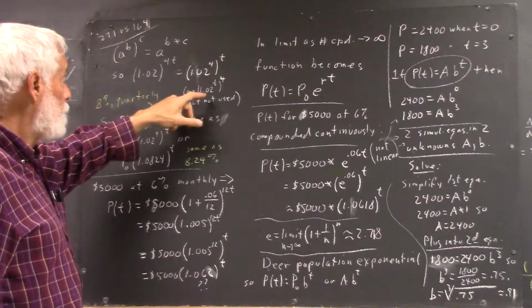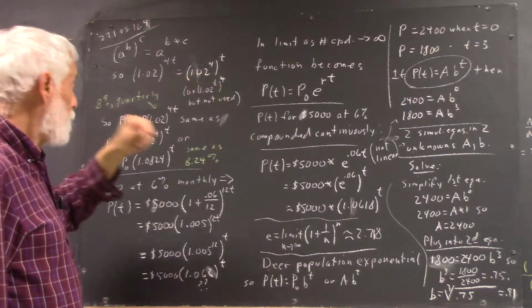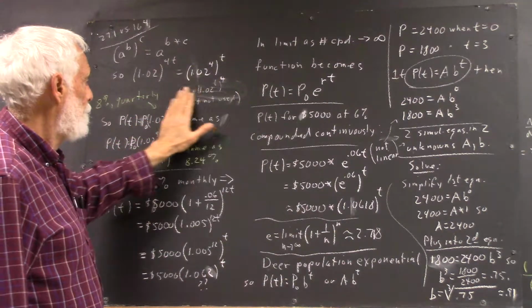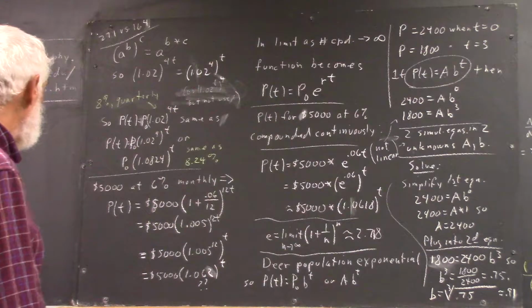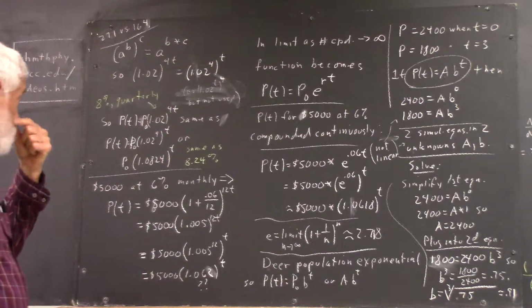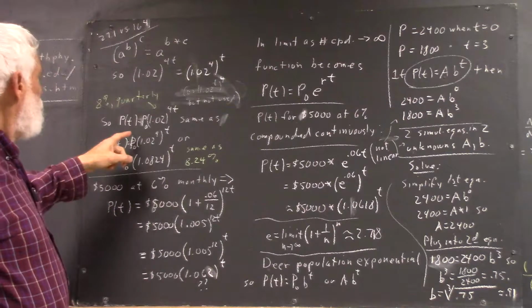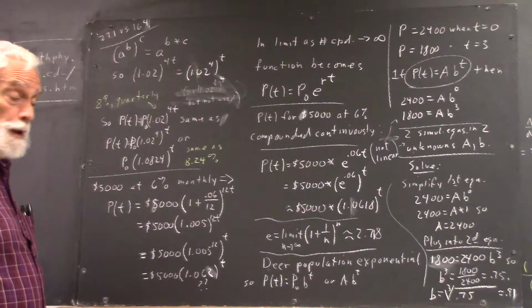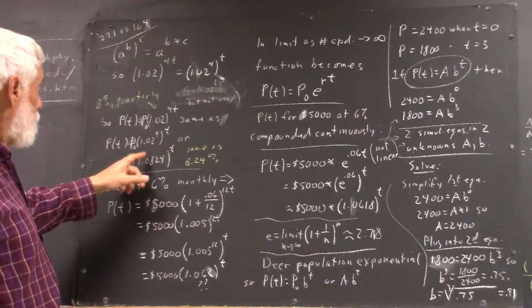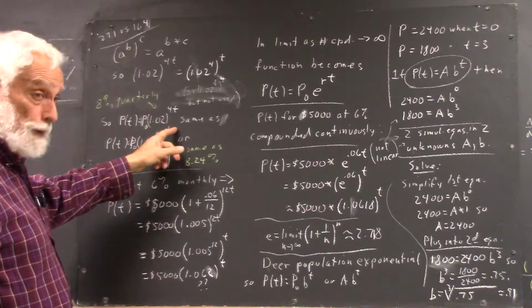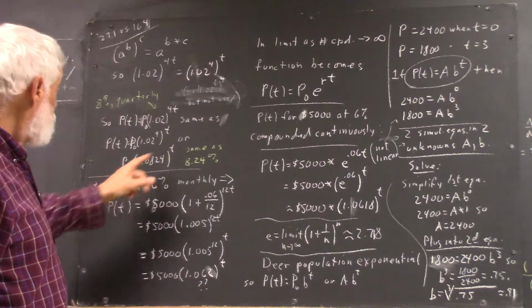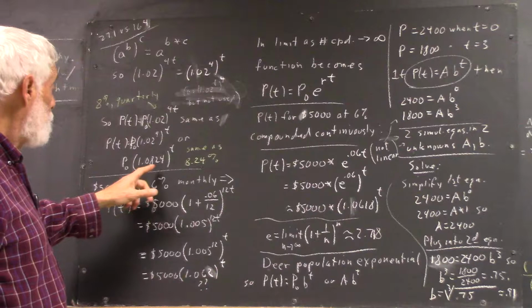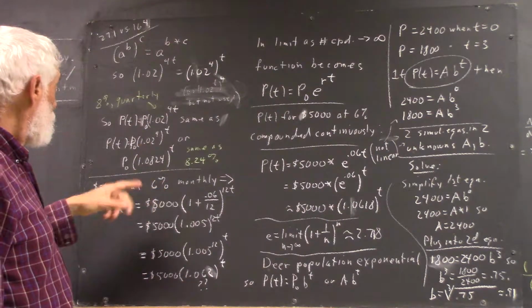We could also write it as 1.02 to the t raised to the fourth, but we don't generally use that. Okay, so if we have a principal function, P naught times 1.02 to the 4t, that's the same as P naught times 1.02 to the fourth to the t, which is the same as P naught times, well, 1.02 to the fourth is approximately 1.0824.